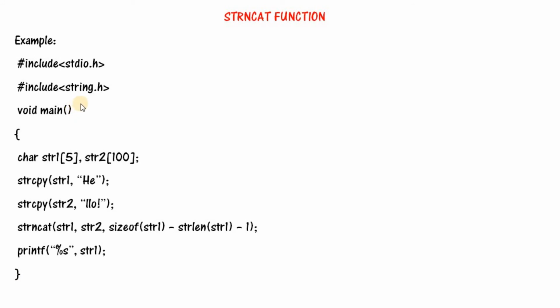Here is an example which demonstrates how the strncat function works. In this case, the third argument passed to it is sizeof str1 minus strlen str1 minus 1. What does this statement mean? Here we know that str1 can accumulate only up to 5 characters and str2 can hold 100 characters.